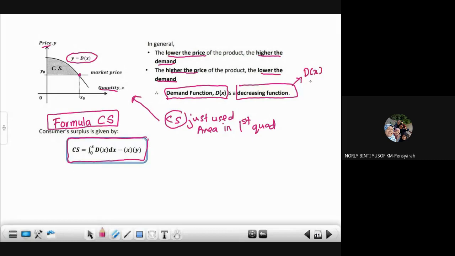Kita boleh melibatkan contoh quad function, quad tu adalah kuadratik quadratic function, ataupun boleh juga linear. So kita ada dua decreasing function kita, contoh negative X, turun tangga lah. So linear function. So tak semestinya curve. Kita ada dua, curve ataupun linear function. That is decreasing function for demand function.